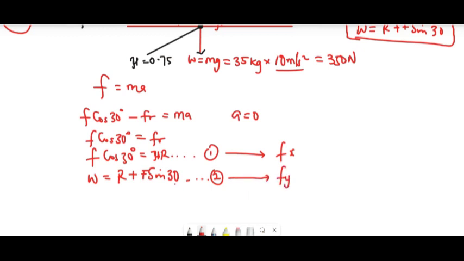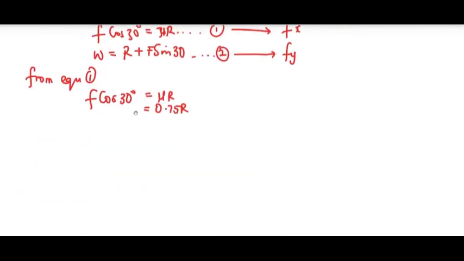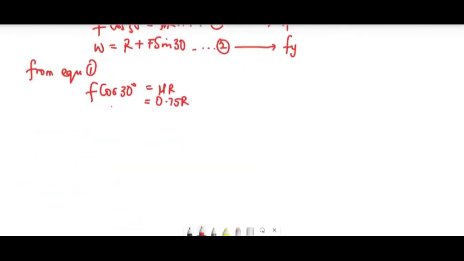All right. If that is done, now we quickly solve each of those equations. So from equation 1, I'm going to have F cos 30 degrees equals mu R. Here I know that my mu is 0.75, so I have 0.75 R equals F cos 30 degrees.